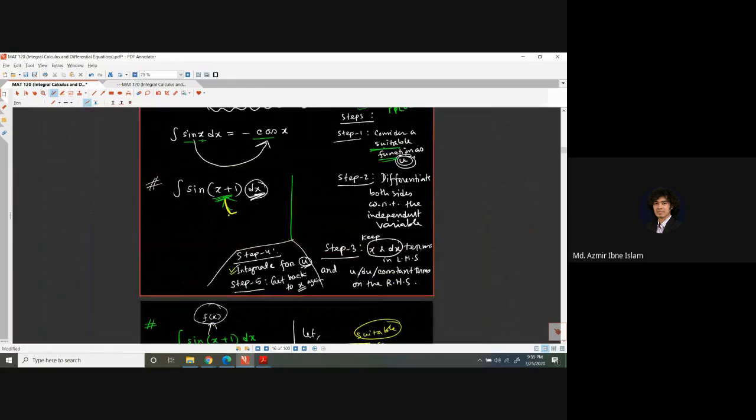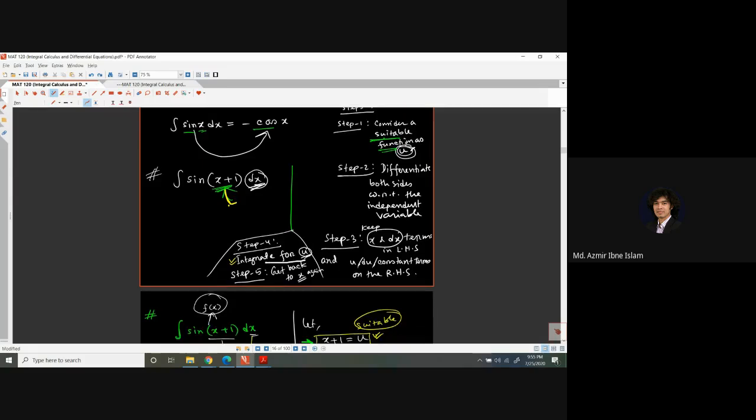Step 1 is to consider a function, then we have to differentiate both sides, then after differentiation keep x and dx terms on the left-hand side, and on the right side u terms, du terms, and constant terms. So finally you have to integrate for u. Then you will understand that if the integral is becoming easy, you can apply the direct formulas. Then you can say the function that you have considered previously is a suitable function, and you will finally get the antiderivative for u. So finally we have to get back to x. So we are following these steps.